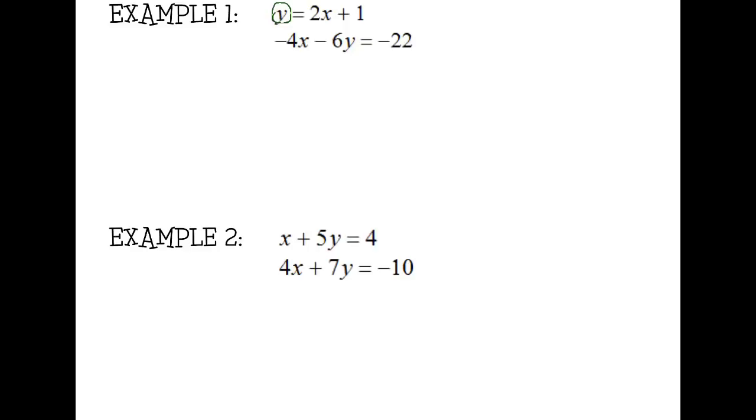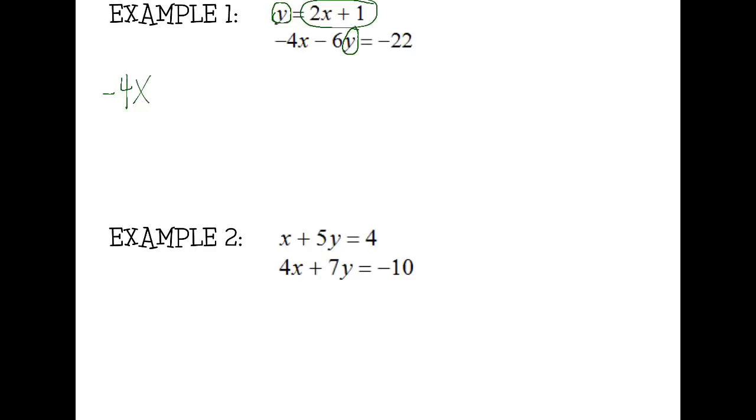If I'm out of class, I have a substitute teacher come in and take my place. So that basically tells us that we can take the 2x plus 1, which is equal to y, and substitute it in for this y here in the second equation. So instead of negative 4x minus 6y equals negative 22, we would have negative 4x, whoops, not plus, I'm writing plus instead of minus.